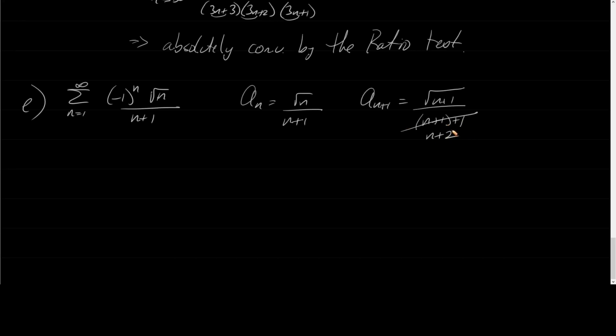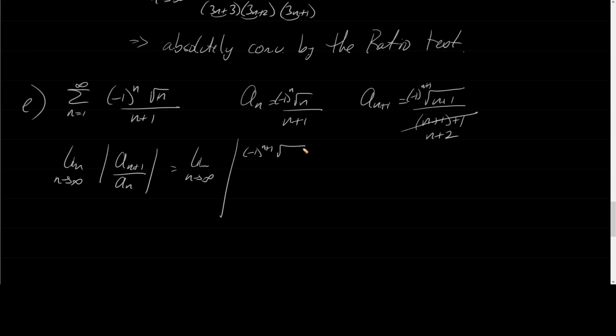Now, our limit as n goes to infinity of the ratio test, a sub n plus 1 over a sub n. What is that? That's going to be the limit as n goes to infinity of, I'll write them in here just for the setup, a sub n plus 1, which is (negative 1) to the n plus 1 times the square root of n plus 1 over n plus 2, over (negative 1) to the n times the square root of n over n plus 1.